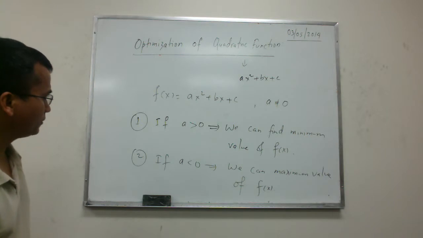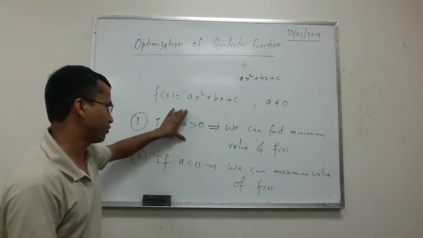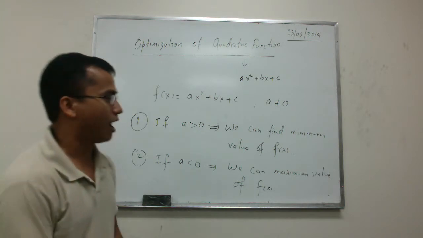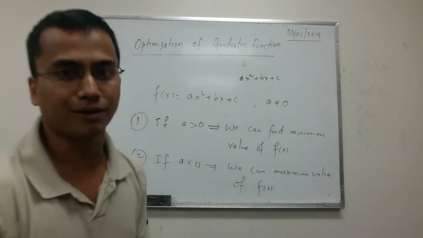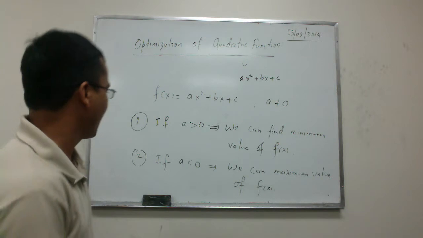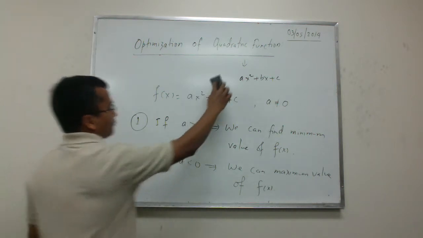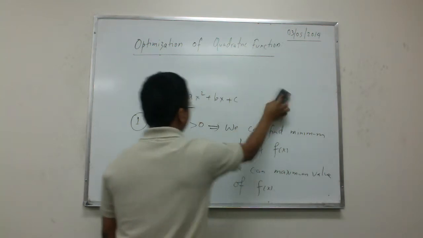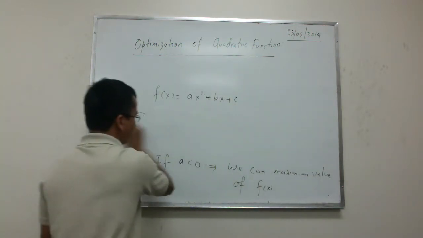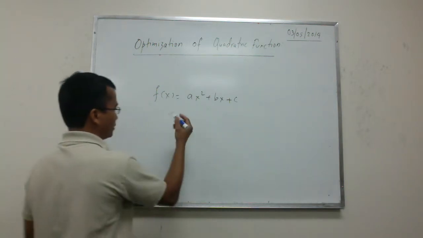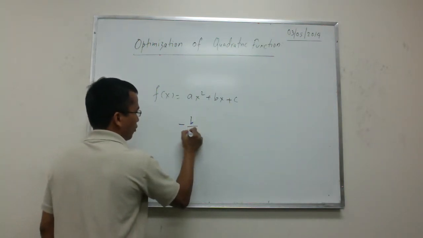So always we have to make sure whether our value of a is positive or negative. So the question now is, how do you find the maximum or minimum value of the quadratic function? To find it, we have to use the vertex formula, or you may say the vertex of the quadratic function, which is negative b over 2a.